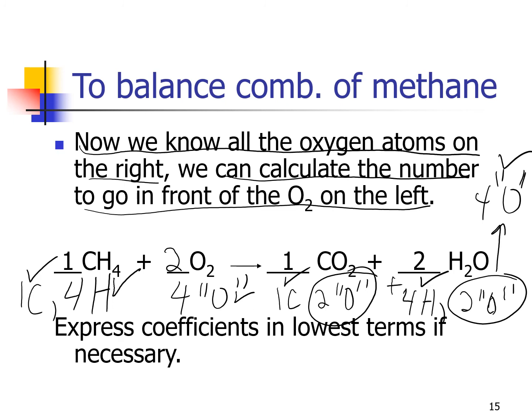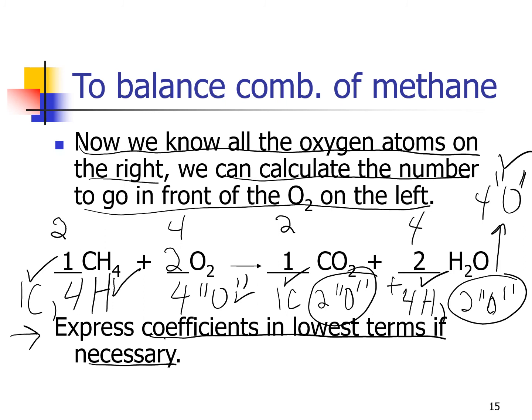The last rule for balancing equations says express the coefficients in lowest terms if necessary. What that would mean is sometimes to balance the equations, you're going to be putting numbers in, and you may have to keep playing with different numbers in order to make it work. So you may have come up with coefficients, for example, in front of CH4, maybe you have a 2, in front of O2, maybe this was a 4. In front of CO2, this would be a 2, and in front of the waters, you have a 4 as a coefficient.